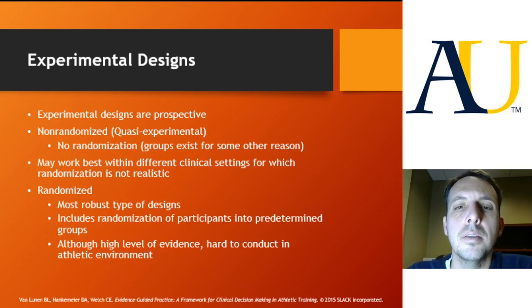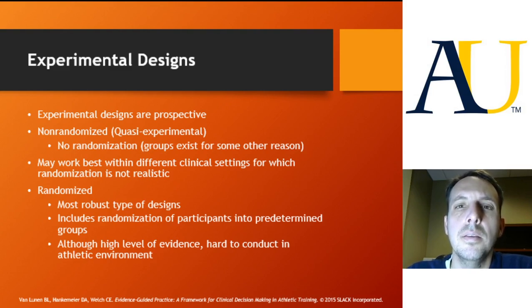So if we go back to our ankle sprain example from the case series, now we have another group of individuals that have sustained an ankle sprain, but now we randomly assign them to get the laser treatment or not, but they both receive the same standard of care. They both go through normal ankle rehabilitation programs the exact same way, and then we measure the outcomes associated with that.